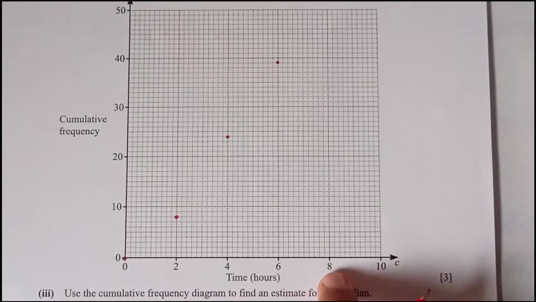So for 8, we have 40, 41, 42, 43, 44, 45, and 46 over here. And for the last point, when the time is 10 hours, the cumulative frequency is 50. That's pretty easy. For 10 hours over here, the cumulative frequency is 50 at the top. Let's connect these points to get a smooth curve.